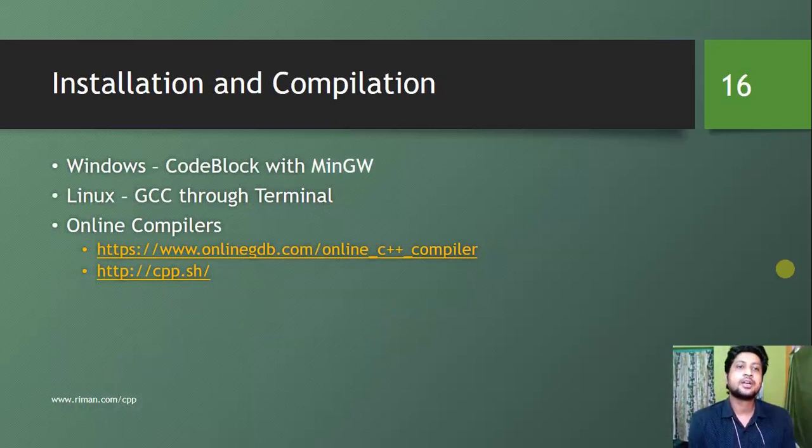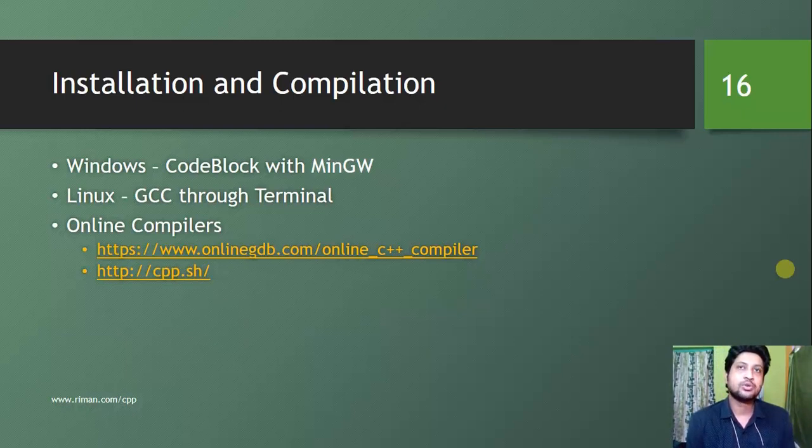About installation and compilation: in Windows we can use Code::Blocks with MinGW. It is a compiler as well as an IDE that provides a C++ environment where we can write, compile and execute our C++ program in Windows. In Linux, we can write our program in any editor, and we can use GCC through the command line to compile and execute our C++ program.